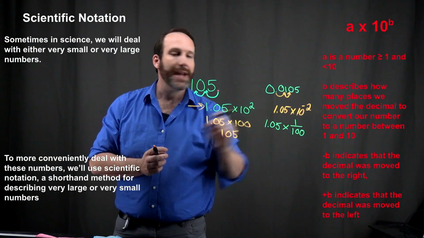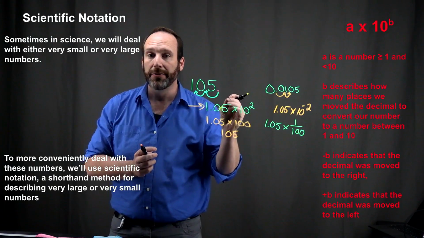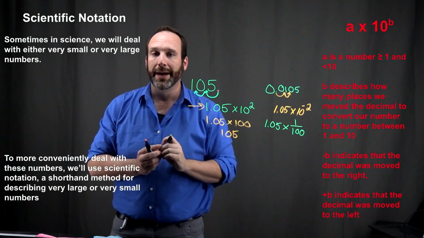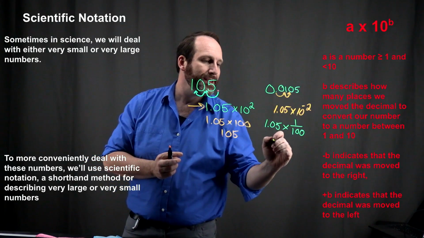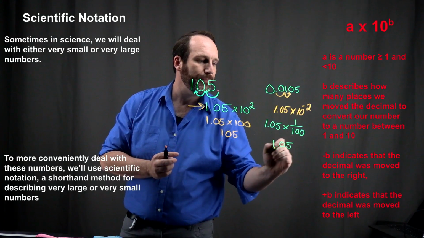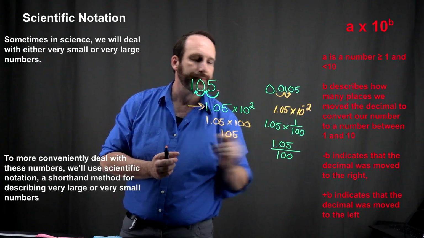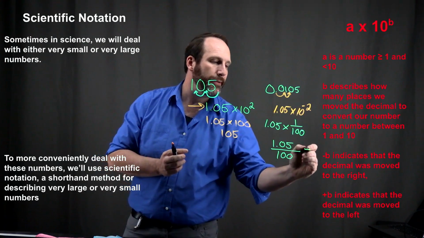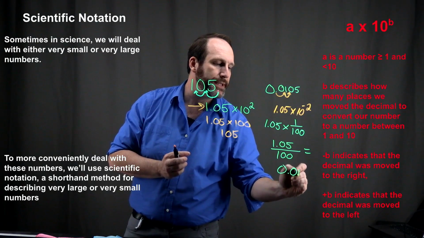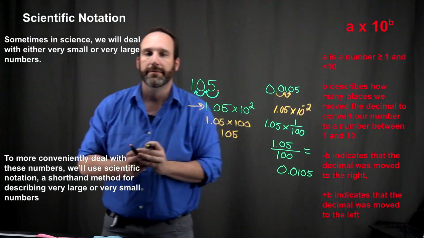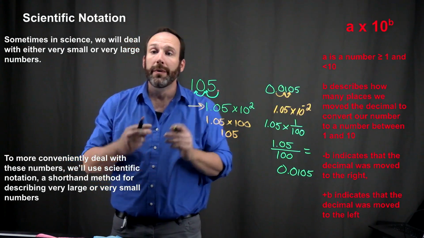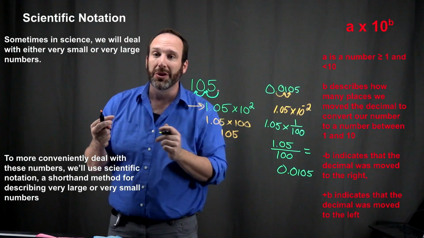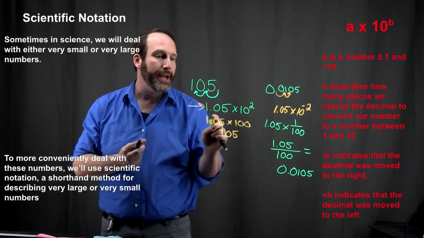Because 10 squared is 100, so 1 over 100, okay? And so I could write that as 1.05 divided by 100. And what is that going to equal? Well, it's going to equal 0.0105, okay?